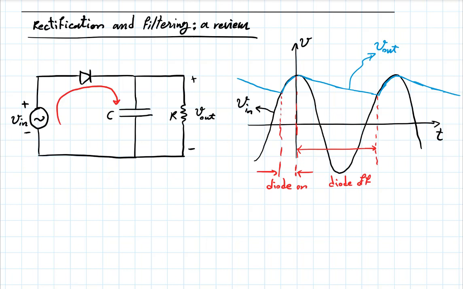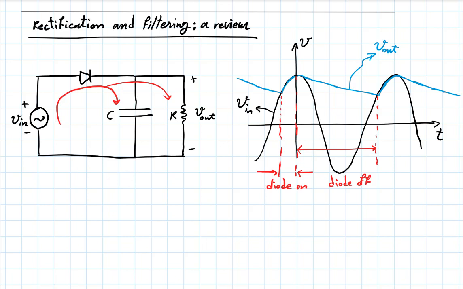Now, it's important to keep in mind, as this is happening, you have this output voltage on the resistor also. So there is a current also going through the resistor. So it's not just the capacitor. There is also current going through the resistor. And you have the KCL there.